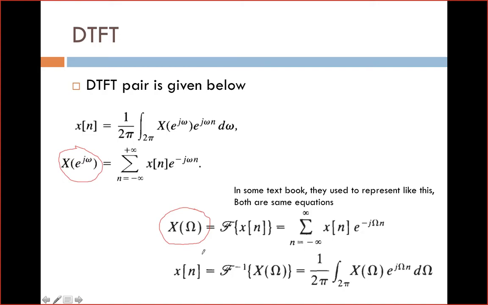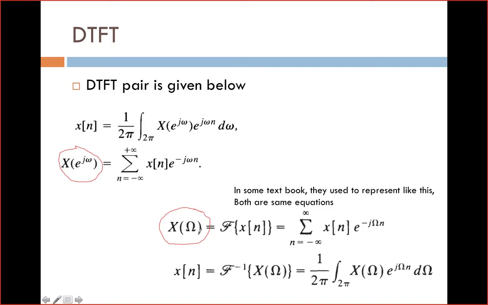Both equations are the same, but the representation is different. Instead of small omega, they may use capital omega to represent the DTFT as well as the inverse DTFT. So you don't need to worry about this notation, and you can refer to books for different kinds of problems.